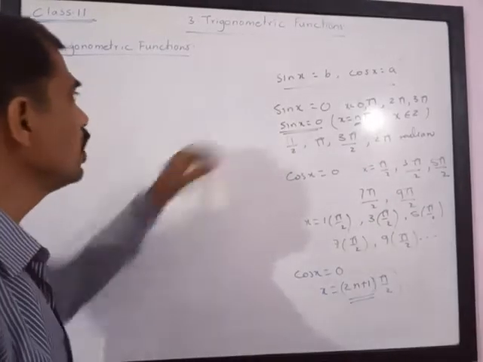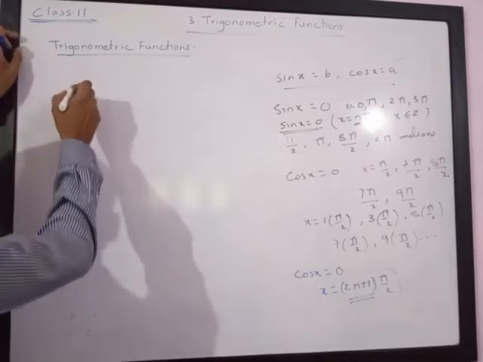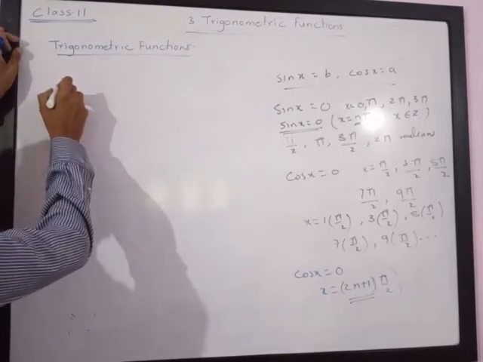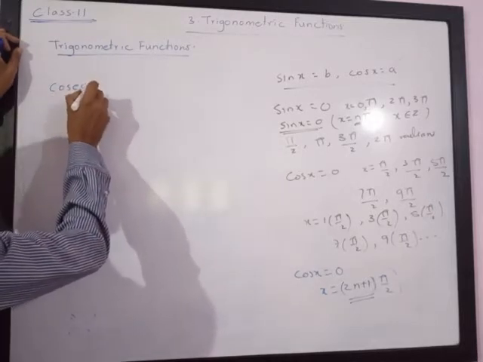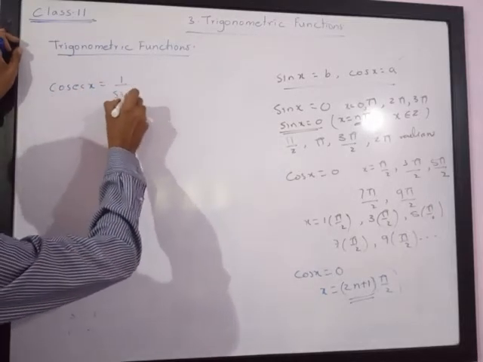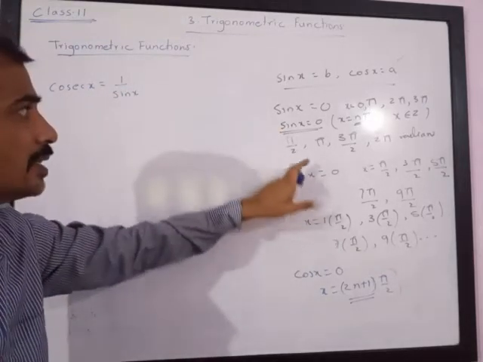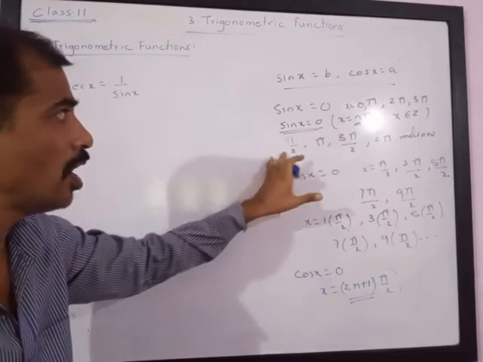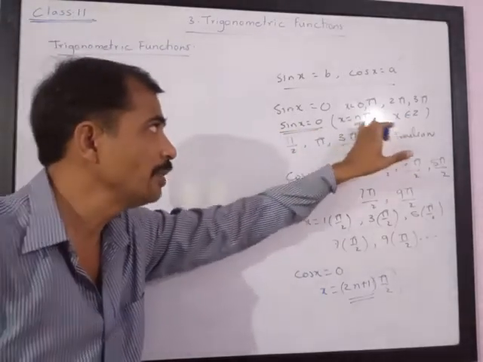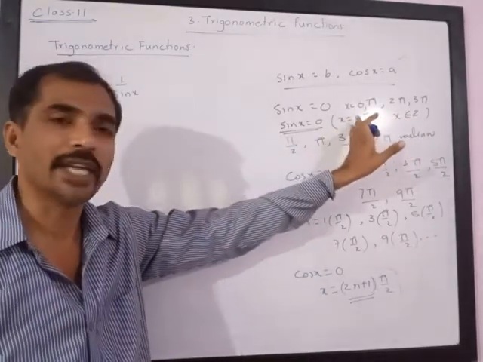Dear friends, we have studied that. Let us talk about the other ratios. What happens? Now we know that cosec x is equal to 1 upon sin x. Now understand, sin x is equal to 0 for all the multiples of n pi, where n belongs to integers, meaning n can be a negative integer, a positive integer, or 0.